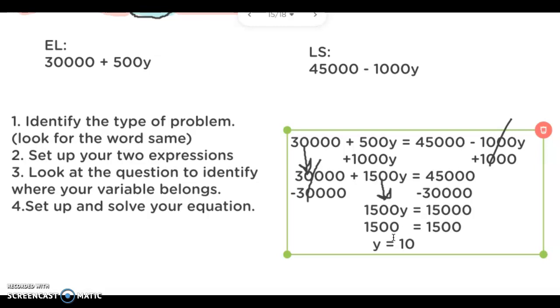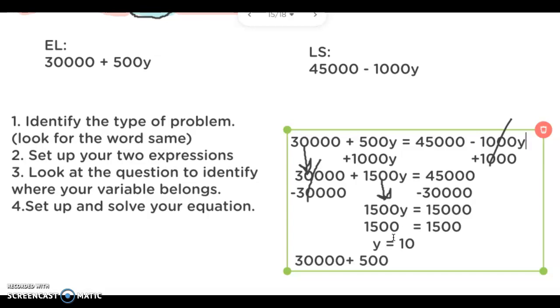And that can be shown by taking 10 and plugging it into the expression 30,000 plus 500 parentheses 10. Okay? So you have 500 times 10. That's 5,000. So that'll be 35,000.